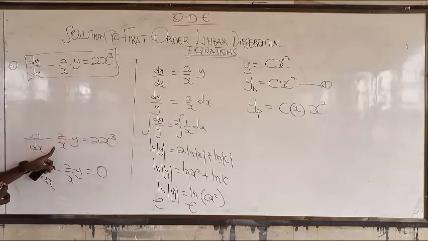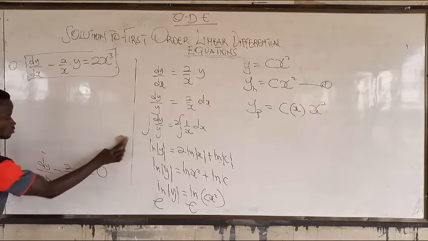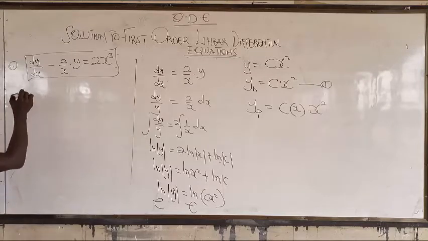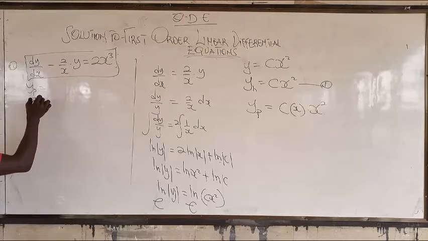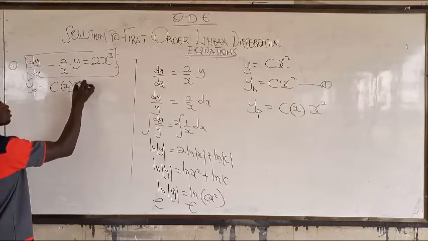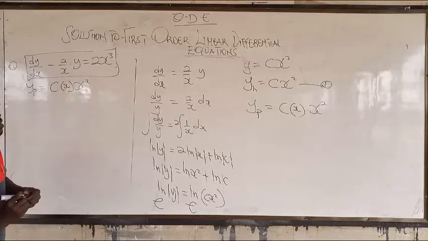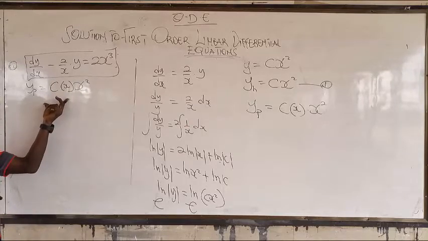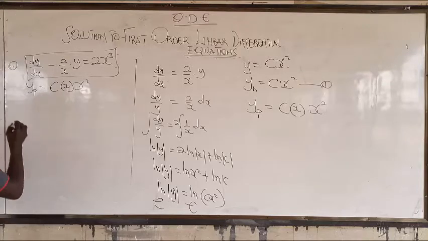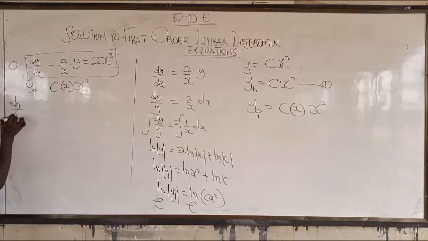Alright, make sure it cooperates well. Then you come and pick y of p is equal to. Then you differentiate this. So how do we differentiate this? We get dy dx to be equal to.